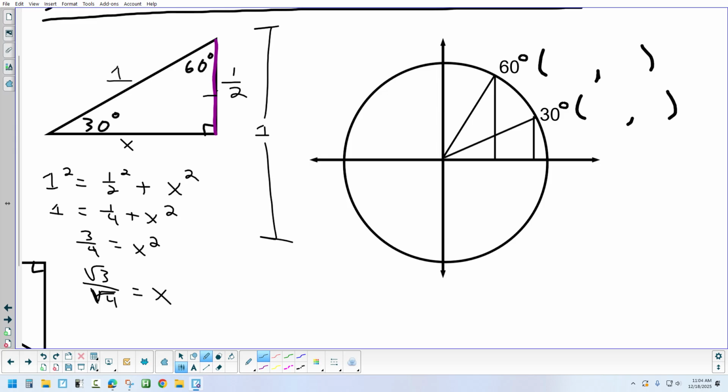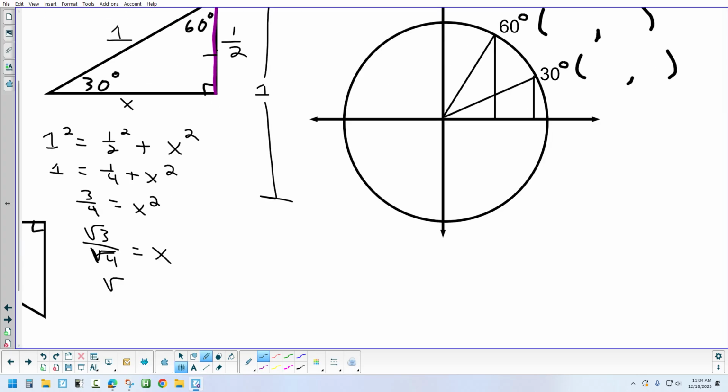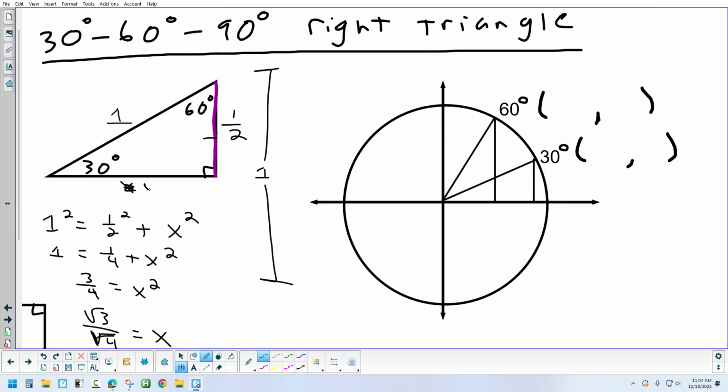Does the square root of 3 simplify? Nope. How about the square root of 4? Yes. What does that simplify to? 2. So square root 3 over 2. If you remember, we saw that number yesterday. That's where it comes from. So now the bottom side is root 3 over 2. We know the length of the bottom, and we know the height of the 30, 60, 90 triangle.